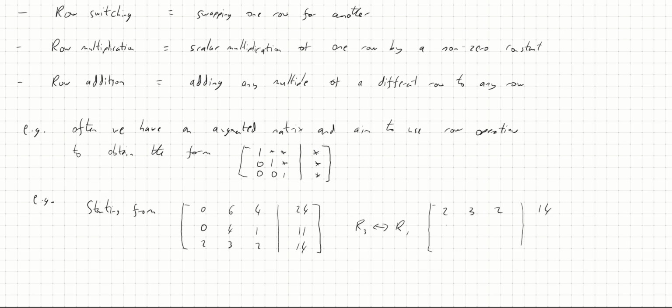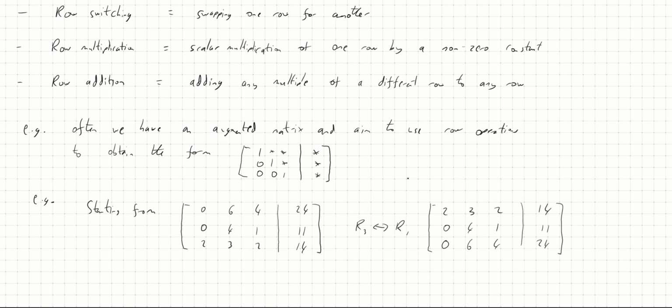Row 2 is unchanged, so we still get 0, 4, 1, and 11. And finally, row 3 switched with row 1, so row 1 now goes to the bottom. Okay. And we often use this sort of R notation to denote rows, and it's useful to write down the operations that we're doing just to keep track of what's happening. So that's our example of a row switch.